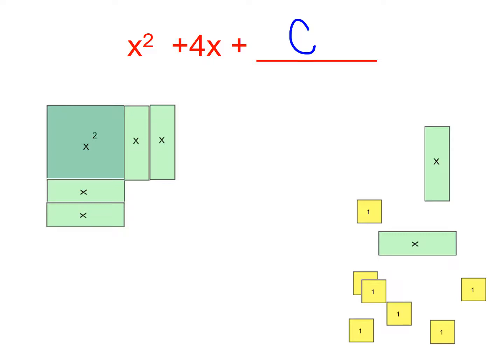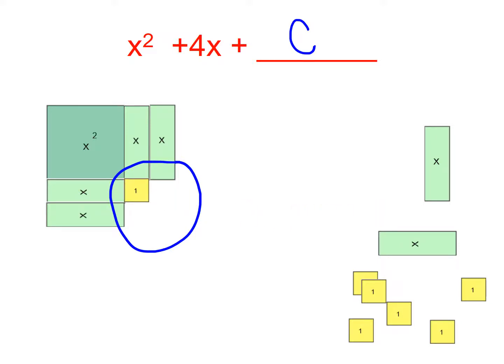So when we try to find C, what's happening geometrically is we're trying to figure out what goes in this space. How many little squares that have a square unit of 1 can we fit in there?